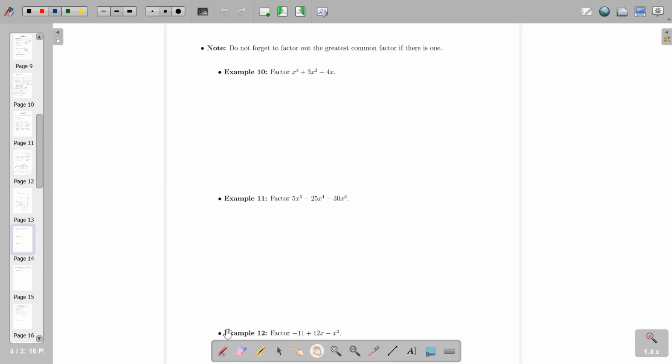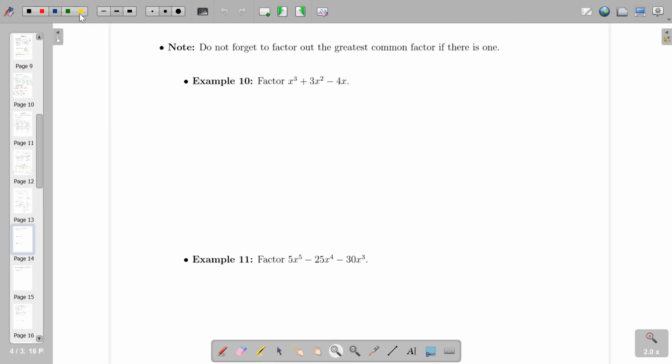So here, you might look at this and say, okay, this looks different than the last page. Well, yes, it does. However, we should recognize that I can pull an x out of all 3 terms, and that would leave me with x squared plus 3x minus 4. And then the thing that I'm left with in there, maybe I can do that reverse FOIL process to it. So I'm going to see, can I do this?